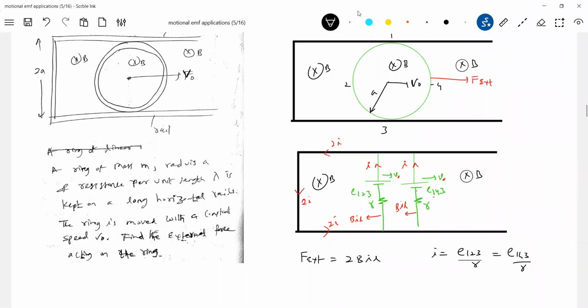How to get the magnitude of E123? Effective length, B V 2a. What is the effective length from 1 to 3? So where shall I write pi a or 2a? Look at this part. Should it be pi a or 2a? It should be 2a, no? The effective length, not pi a.